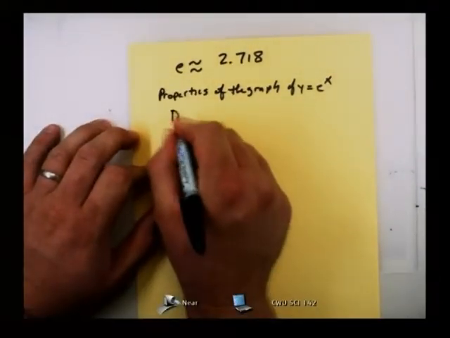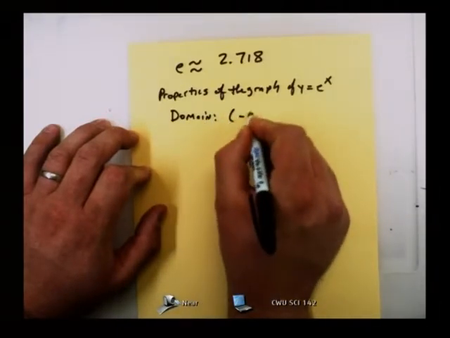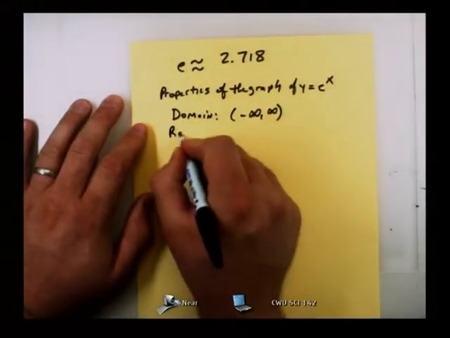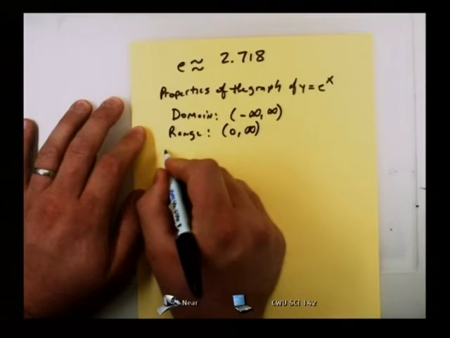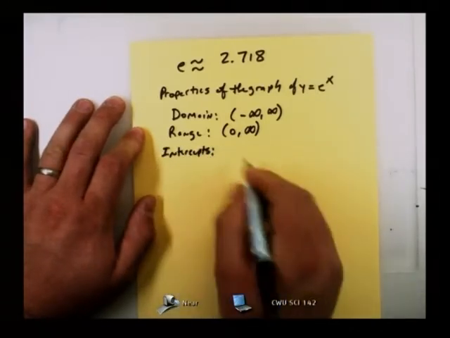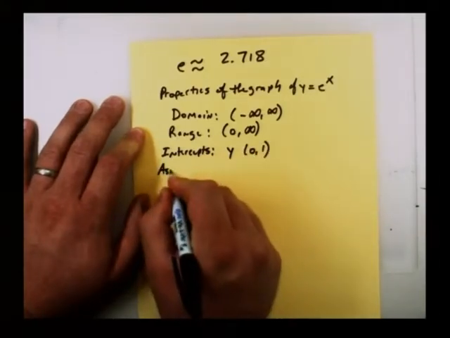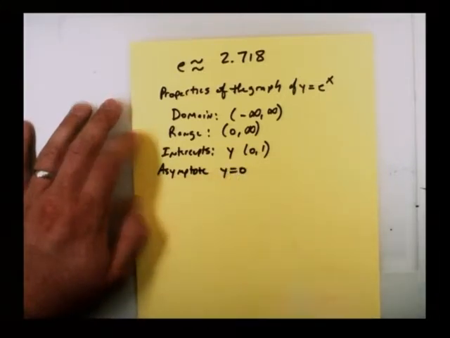Again, our domain: all real numbers, negative infinity to infinity, or you could write all real. The range from 0 to infinity. The intercepts: we only have a y-intercept, and it's at (0, 1). And our asymptote is at y equals 0.